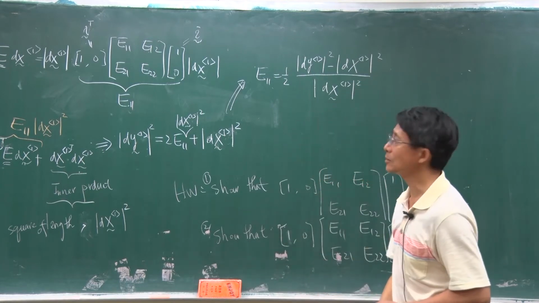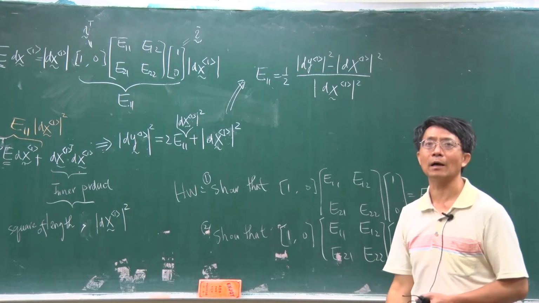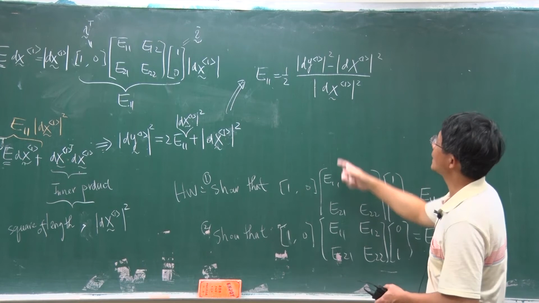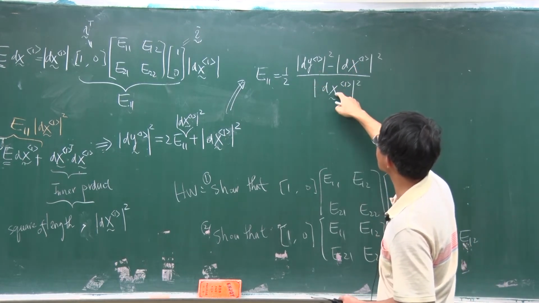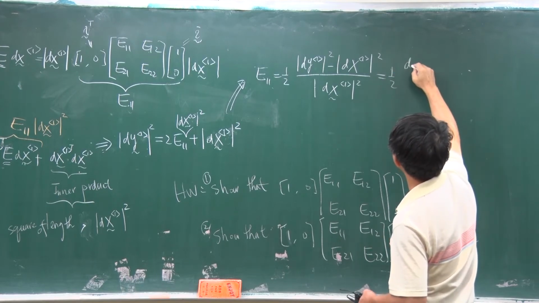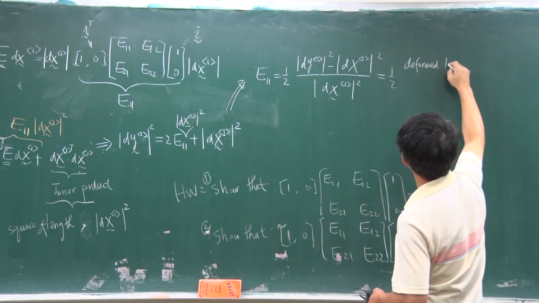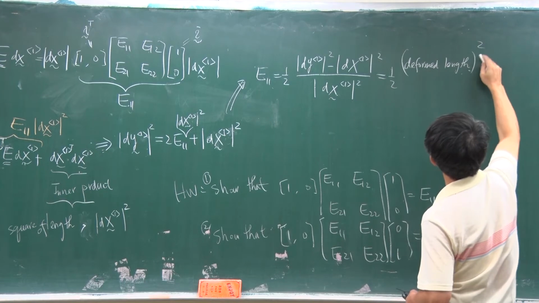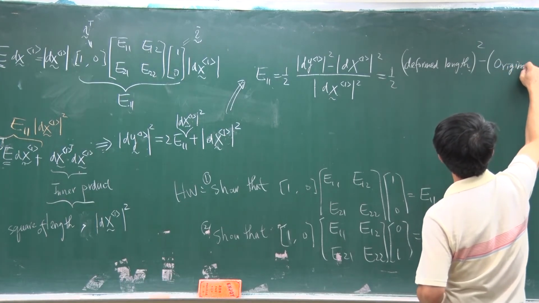Okay, so this is the physical meaning of the component E11. This is the deformed length. This is the original length. Deformed length, original length, undeformed length.